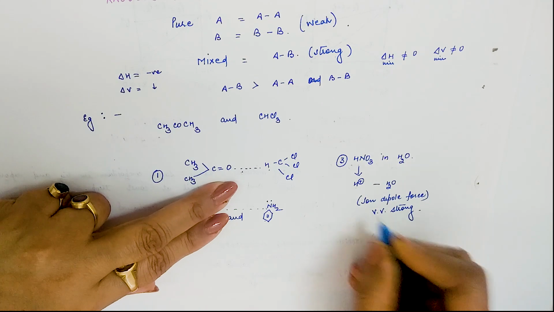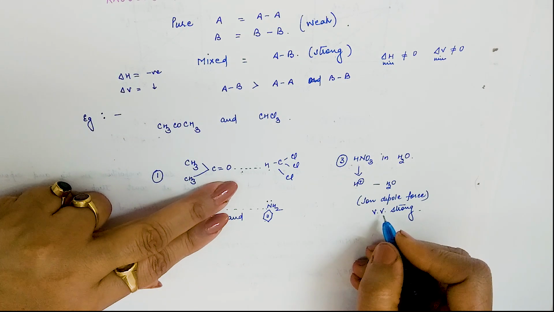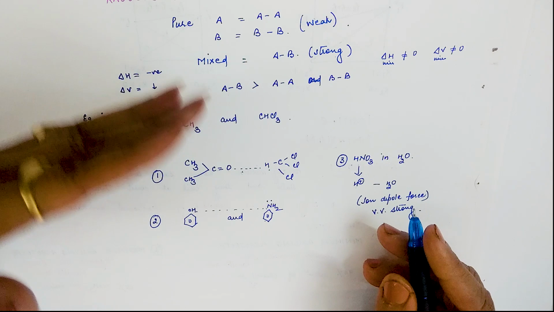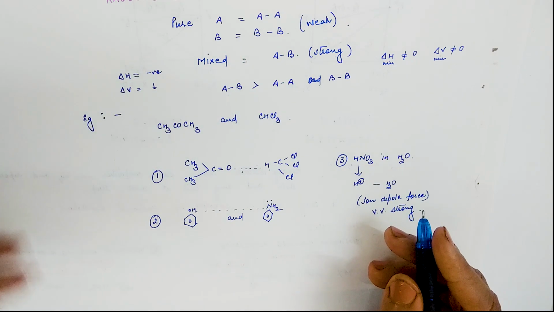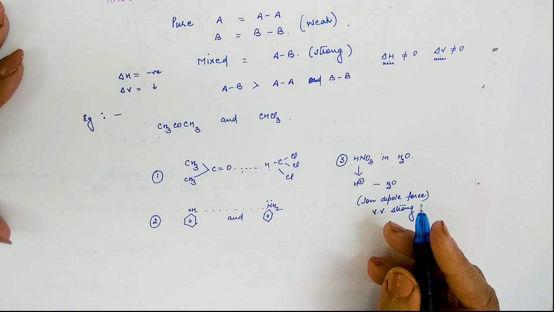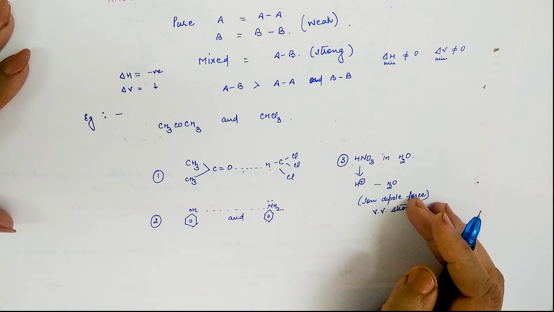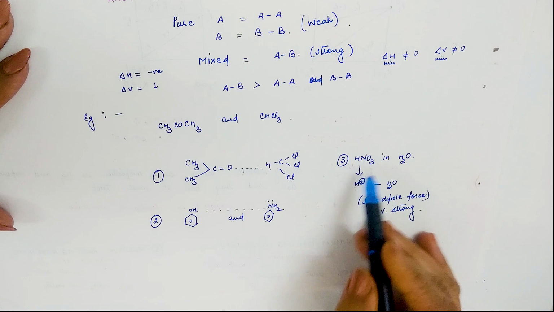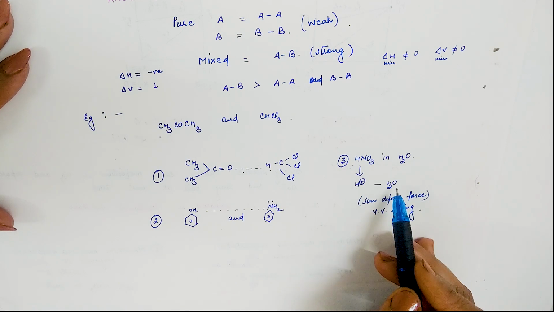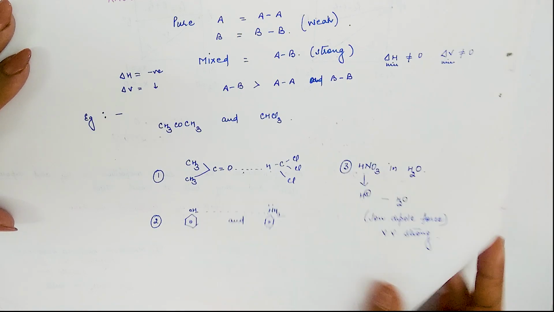Since it is very strong, it is causing the vapor pressure to be lowered, and therefore it is which deviation? The negative deviation from the Raoult's law. Means the forces after formation are strong. Hope all the points are clear to you.